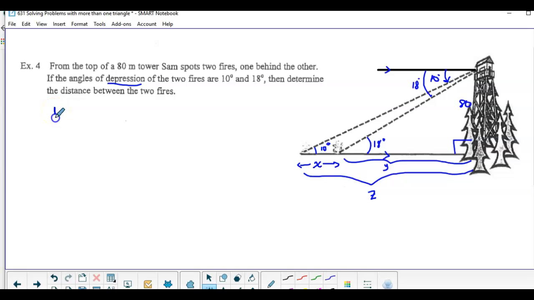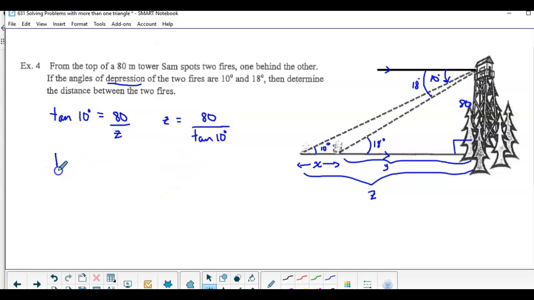tan of 10 is 80 over z. So that means z equals 80 over tan 10. You could find the exact value, but we're going to wait for right now, just like we did before.